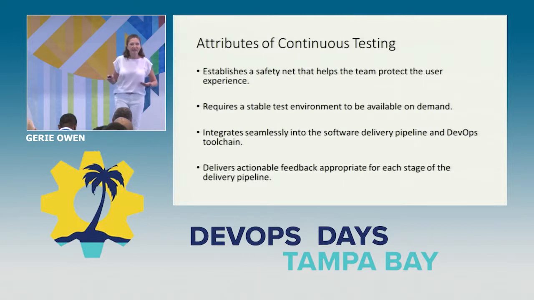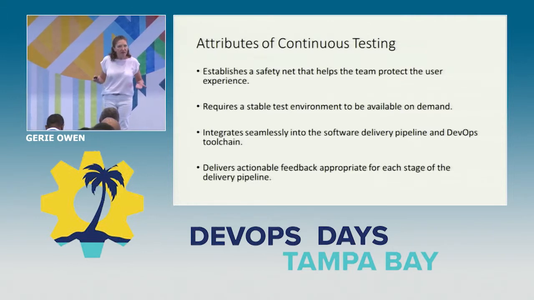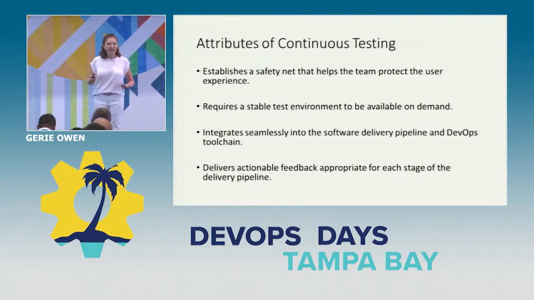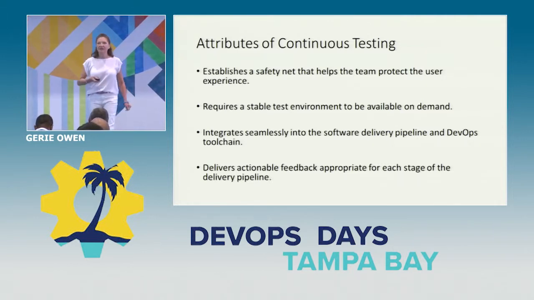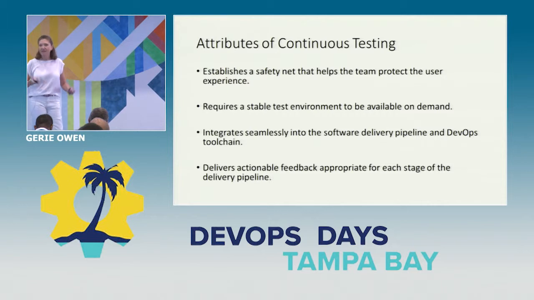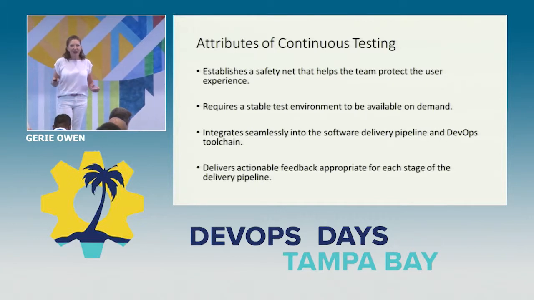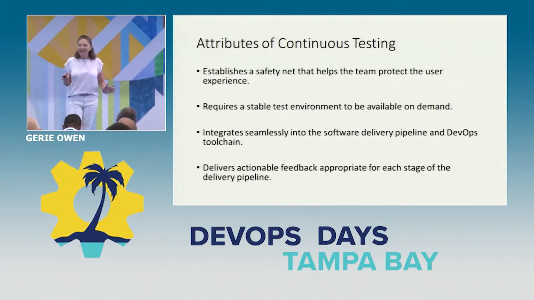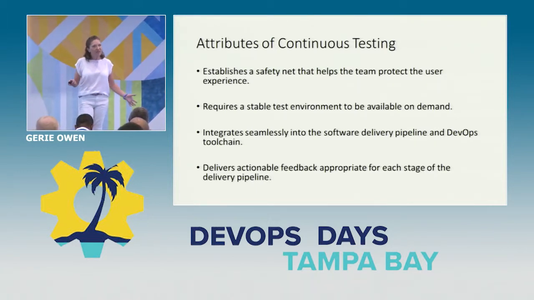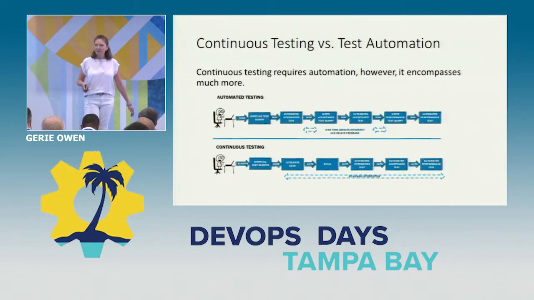As those of us who are responsible for quality, we are the champion of the customer, and in that way, we're the guardians of the organization's reputation. It's going to require a stable environment. It's got to integrate seamlessly with the delivery pipeline and the tool chain. And most importantly, it has to deliver actionable feedback at the time that's appropriate for each stage in the pipeline.